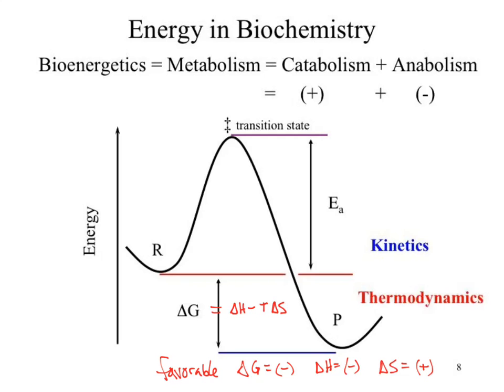Okay? So if we went back and looked at our overall reaction, the one we were talking about earlier, ATP to ADP plus our phosphate, and technically plus our energy, what's our delta G for this reaction? There's a big hint.